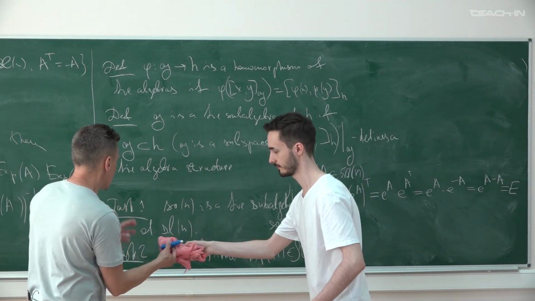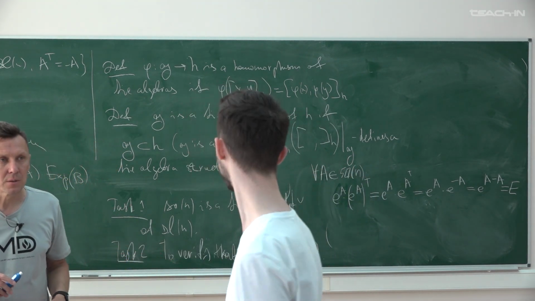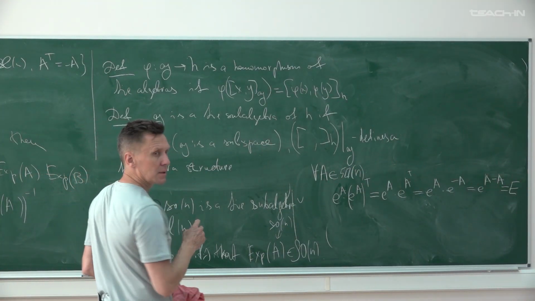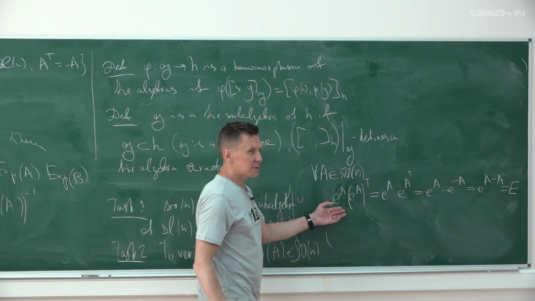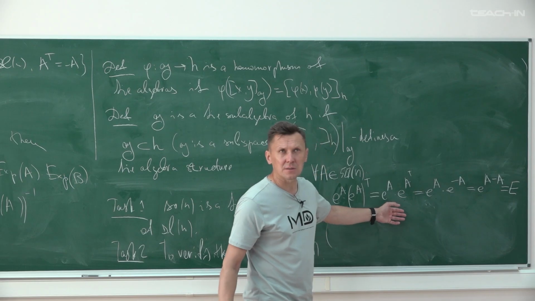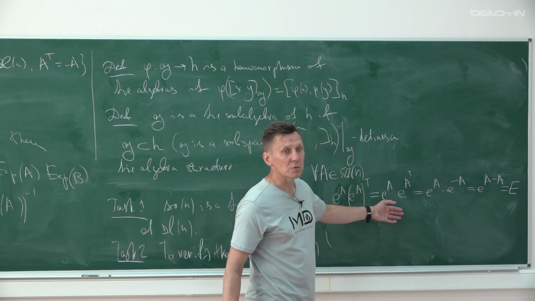But why is the determinant 1, not minus 1? Which determinant? The determinant of this exponential. So this fact is the fact that it's an element of the orthogonal group, but not special orthogonal.